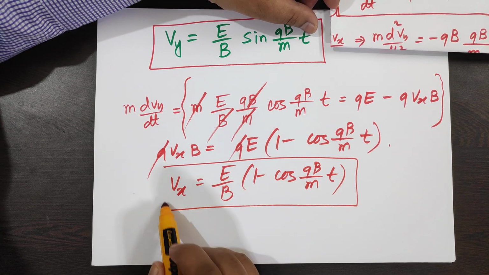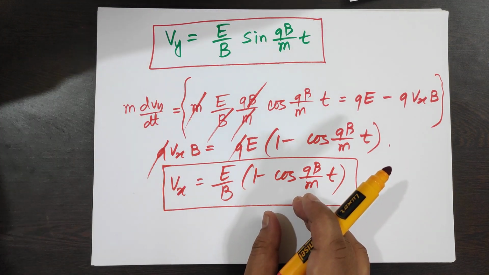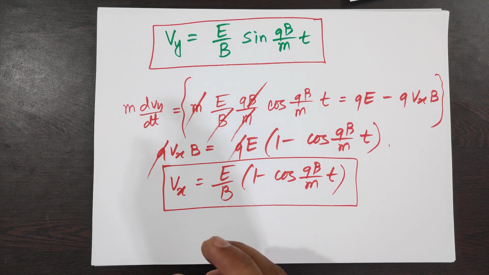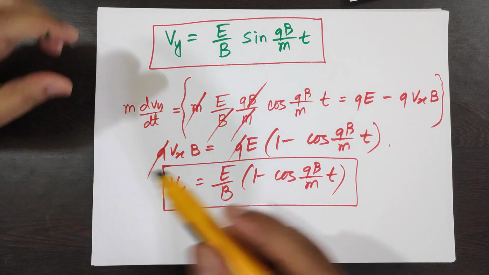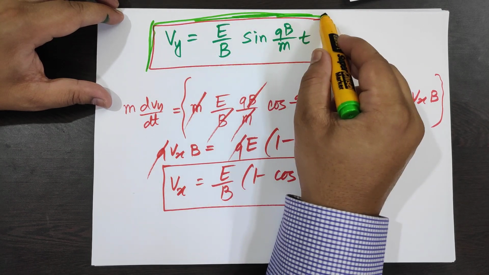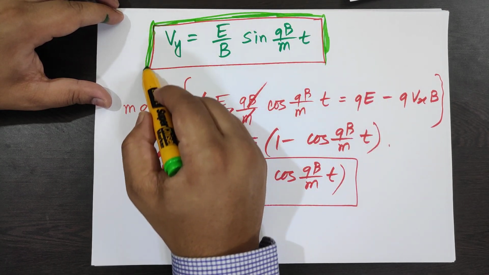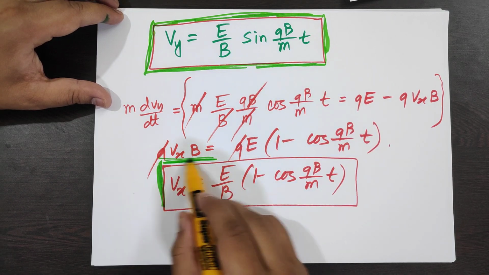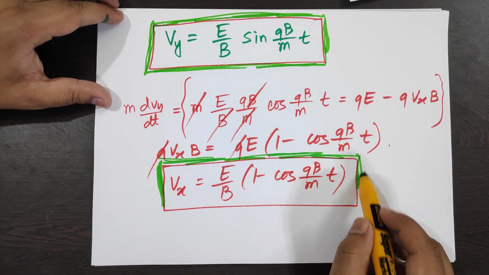Okay, so we'll write it again. It's okay, it's there already. So this is Vy, velocity along y-axis, and this is Vx, velocity along x-axis.